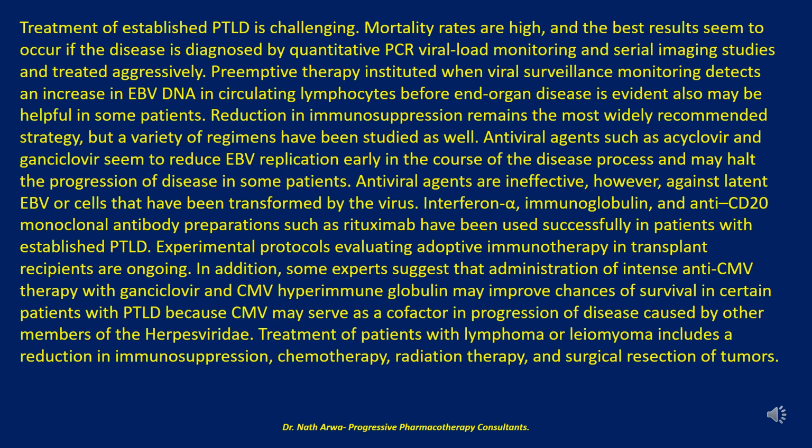Interferon alpha, immunoglobulin, and anti-CD20 monoclonal antibody preparations such as rituximab have been used successfully in patients with established post-transplantation lymphoproliferative disorders. Experimental protocols evaluating adoptive immunotherapy in transplant recipients are ongoing.